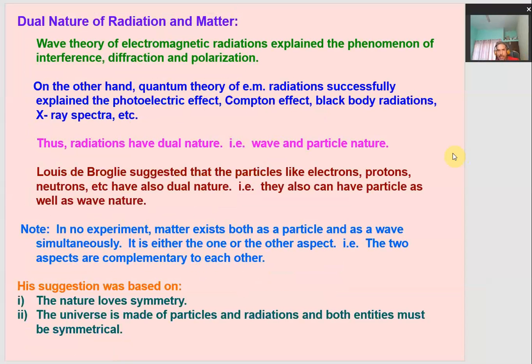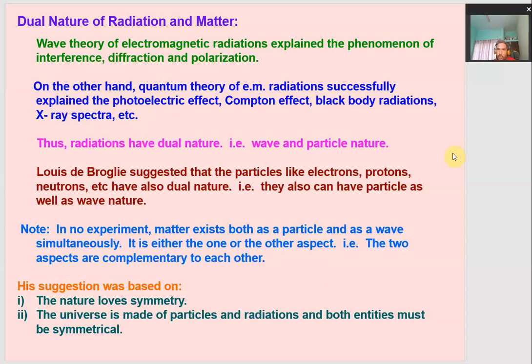But the same wave theory does not explain phenomena like the photoelectric effect, Compton effect, black body radiation, X-ray spectra, etc. That means considering light as a wave can explain only effects like interference, diffraction and polarization, but cannot explain the photoelectric effect, Compton effect and black body radiation.